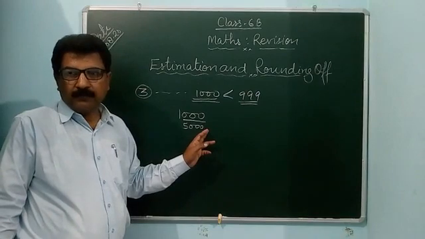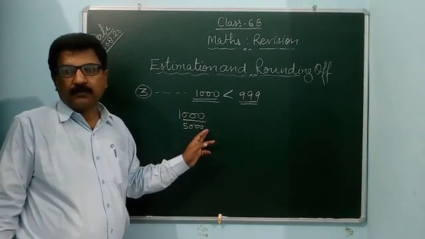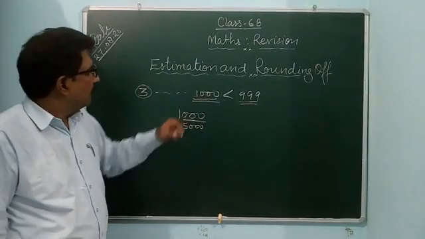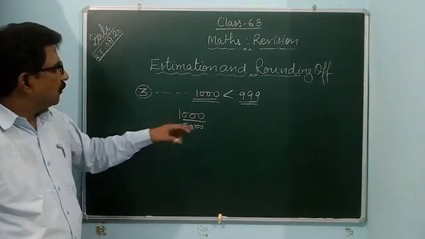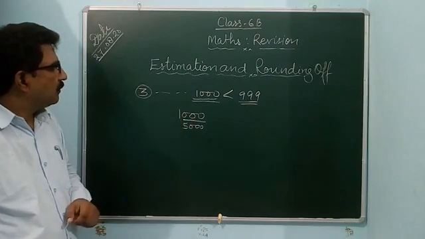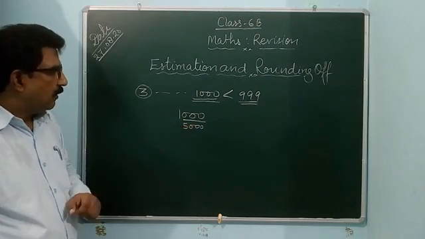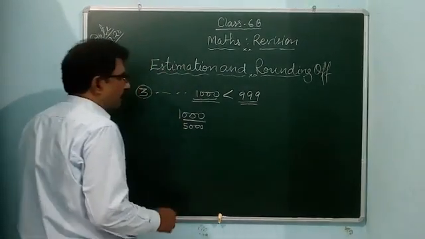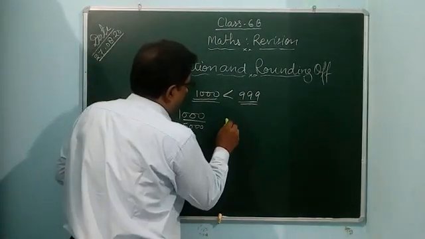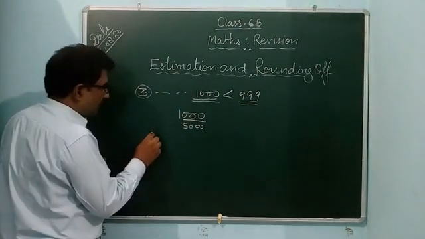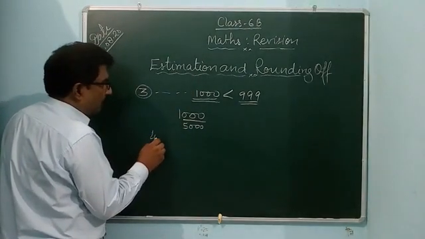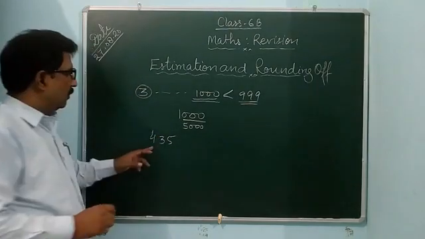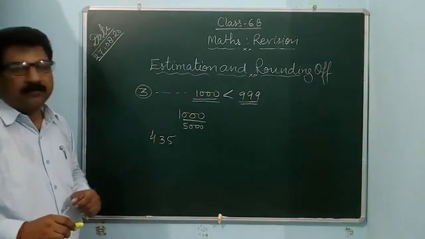So in this way you can do this. Suppose the number is 435. You estimate it to 1000.